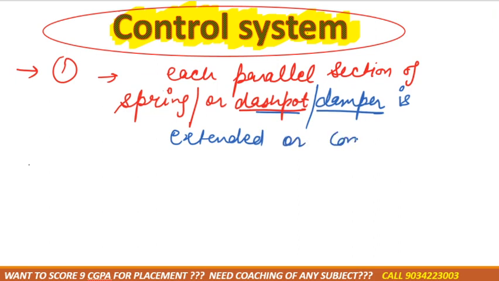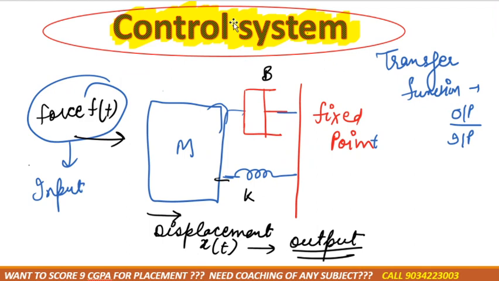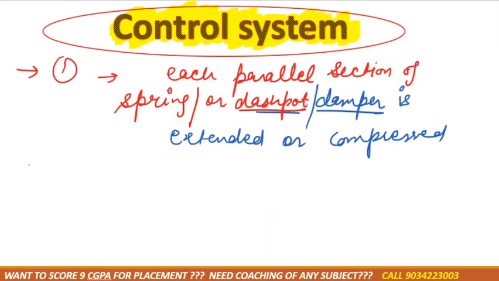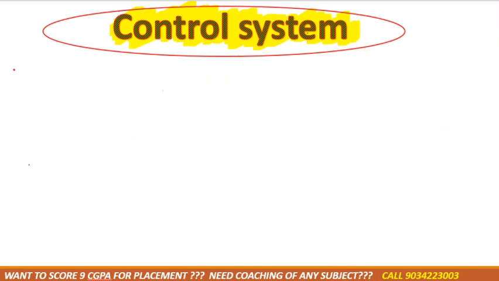First of all, we need to determine that, as you can see, these two sections are parallel, so we need to learn whether it's extended or compressed. Now see how we can determine.